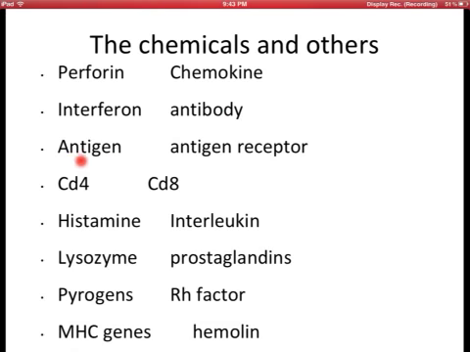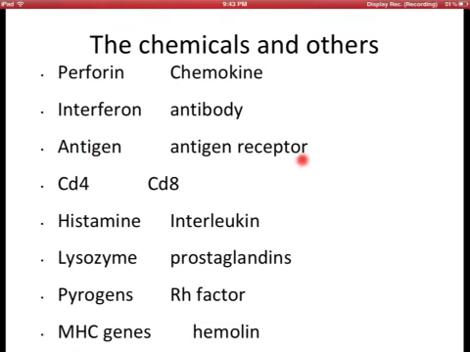Antigen or antibody generating substances. A pathogen is an antigen, or there are molecules found in a pathogen that can cause the activation of antibodies, but it doesn't mean antibody lang.